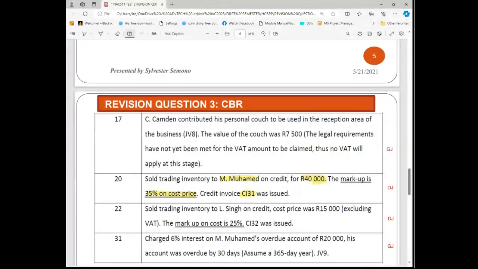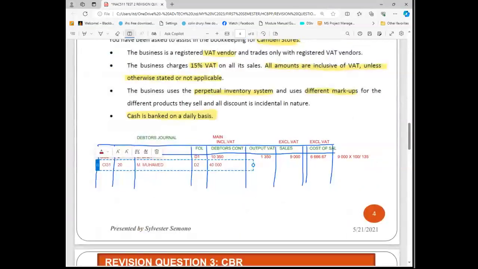It doesn't say if it's exclusive of VAT, so it's including VAT. Perfect. So it's going to be 40,000 times 15% over 115. Then it's 5,217.39. Thank you. Next step.